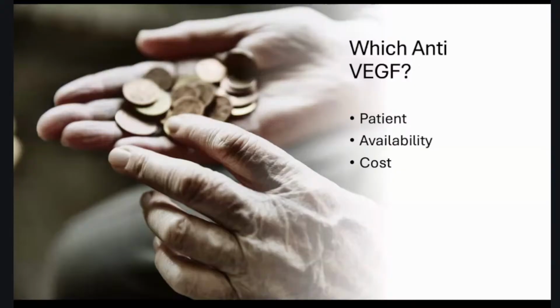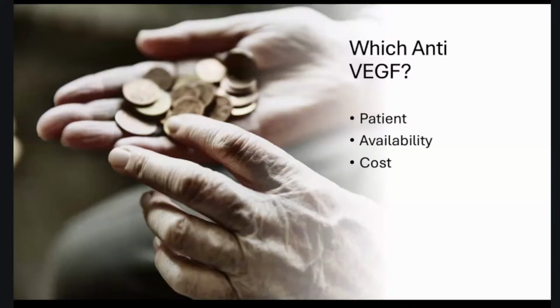And in our settings, you've always got to consider at what cost, because usually bevacizumab or Avastin, I think, is one of the most cost-effective anti-VEGFs available. And if you're going to be offering a patient one of the other anti-VEGFs, you may need to consider the cost, because they may need subsequent injections.